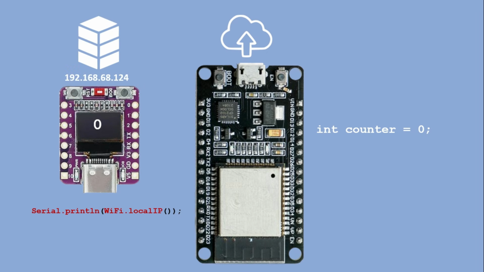Once we have the IP address, we can construct the URL request used to send the counter values to the web server. The ESP32C3 will then receive that data and display the counter on the OLED screen, together with the timestamp at which that information was received. The cycle would repeat every 10 seconds.